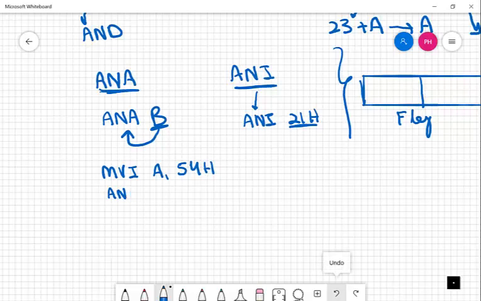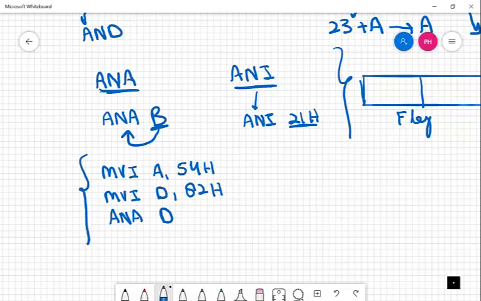or maybe this number is also immediate, or let me try to move it in some other register first. Move immediate D 82H, and then I am ANDing A and A, and A will accumulate the contents of D. So if I write this program into the memory of the 8085 microprocessor, these 6 instructions will get executed one by one.